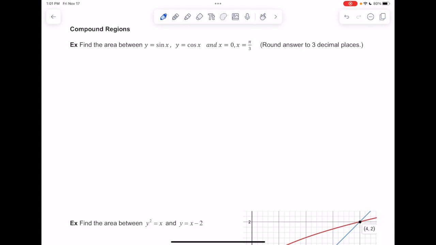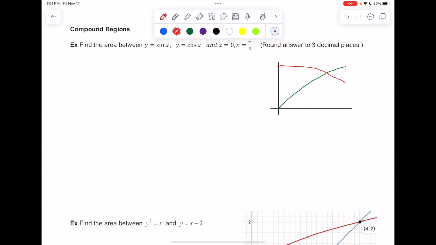So let's go back now to the notes, and we can draw a quick sketch of what we just saw there as well. So we had the cosine function, and let's see, we can go ahead and match those colors somewhat. So the cosine function came up like this, and then the sine function dropped down and did something like that.